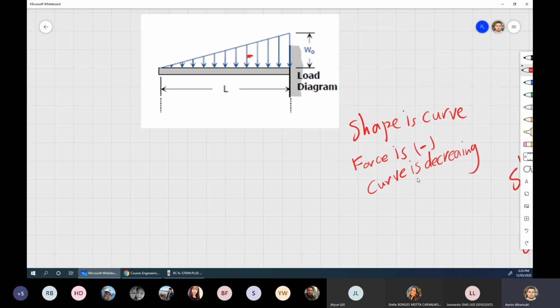or going downward. Third thing she was looking at was the actual force. Doesn't matter negative or positive, it's decreasing because it started from 0 and went to a negative value, negative W. That's decreasing. Force is decreasing. That means the curve is facing down.